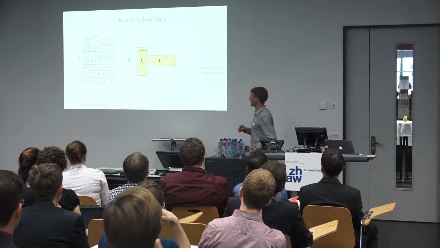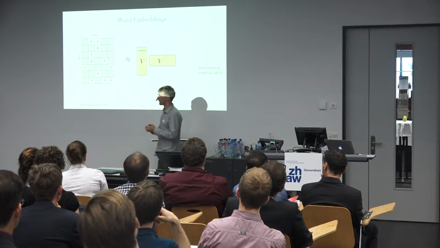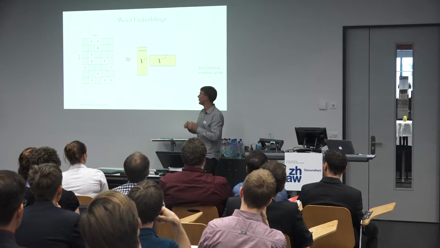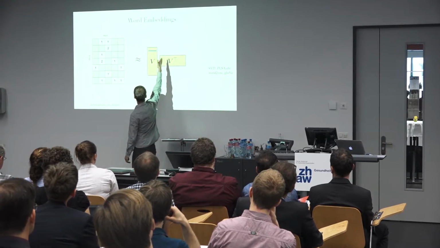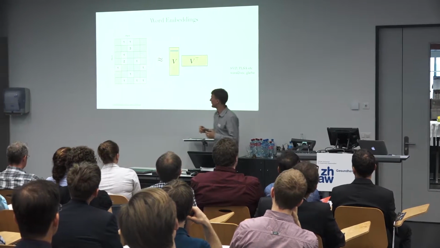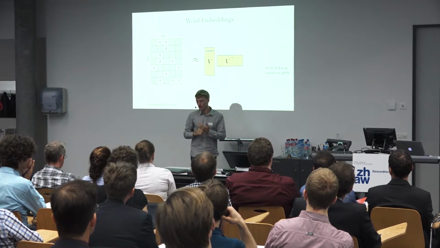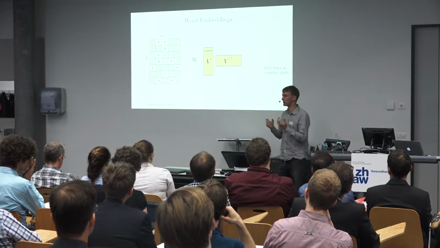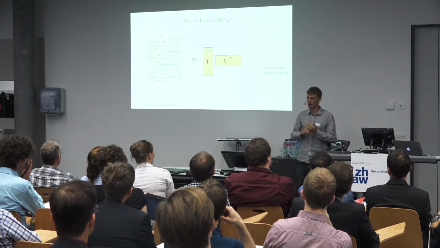So you can imagine if you take the ith word, which is these let's say 50 numbers which are marked in blue, and then you multiply this ith entry with the corresponding column in the other matrix, then that should give me the entry in my co-occurrence matrix, in my input. So that's the idea. And this has been done before.